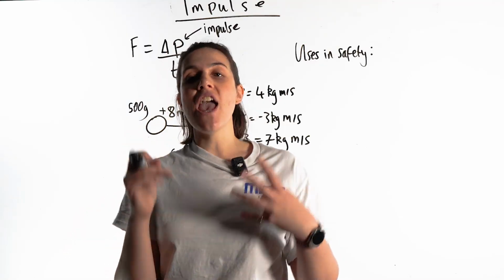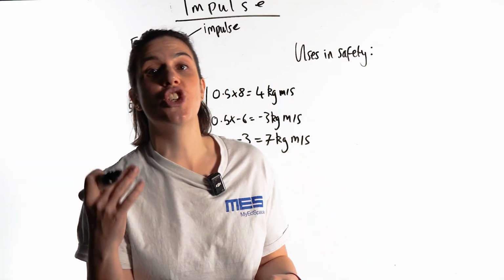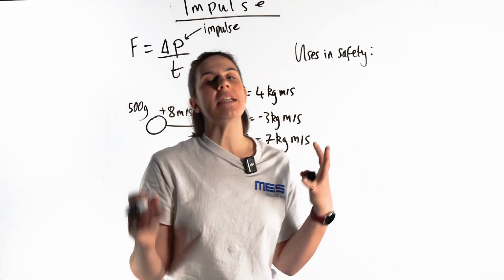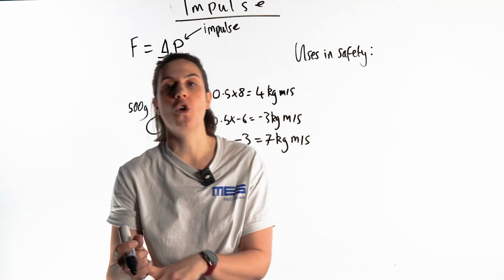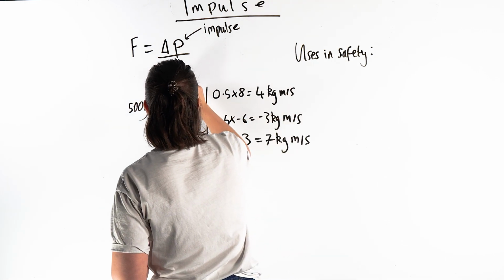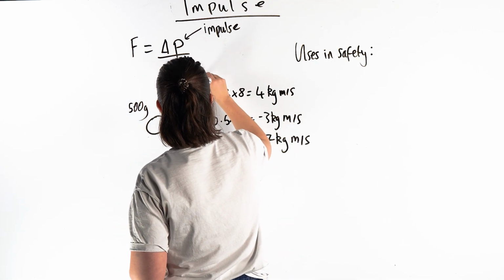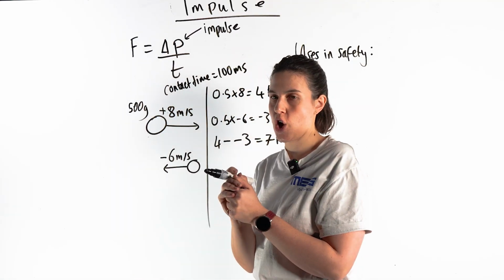Now, if I wanted to find out the force that was then exerted on this ball to change its momentum, I would need to work out how long it was in contact with the wall for, okay? And in this question, they said that the contact time was 100 milliseconds, okay?